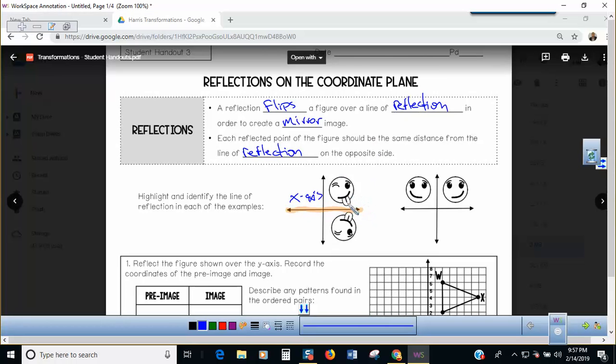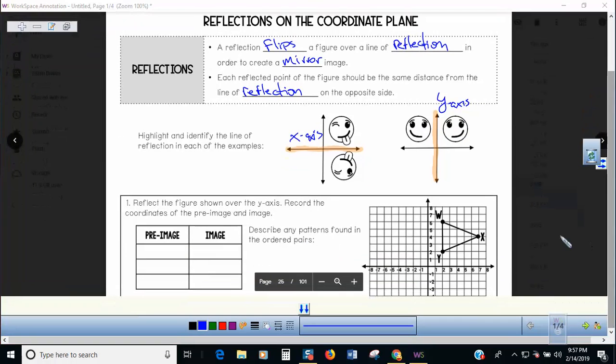As you can see, my smiley face is flipped across my x-axis, and this smiley face at the top is the same distance away from the x-axis as the smiley face from the bottom. All right, in the next example, the line of reflection is our y-axis. Okay, so our smiley face is being flipped across the y-axis.